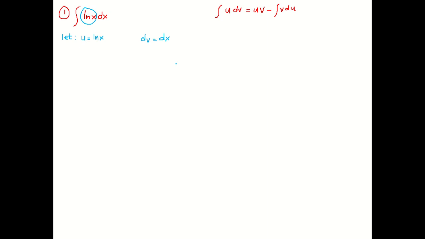Then after that, as usual, we have to find the derivative of u with respect to x. So differentiating u with respect to x, we have the derivative of u with respect to x equal to, so this time we have to recall our knowledge on the derivative of ln.